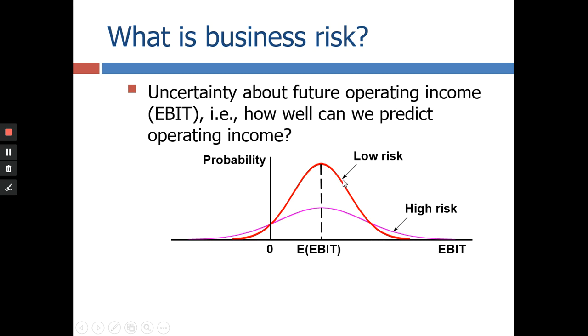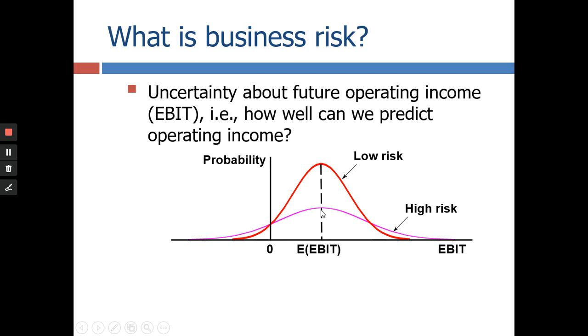In the low risk one, the range is shorter, but in the high risk one, the range is longer. The narrower the diagram is, the lower the risk. The wider the diagram is, the higher the risk.